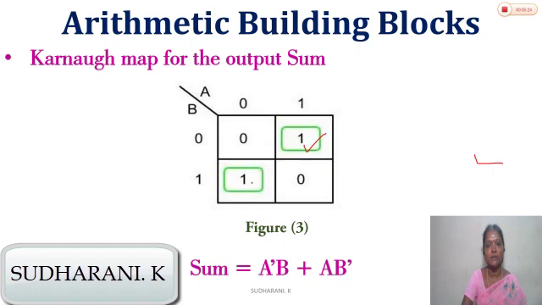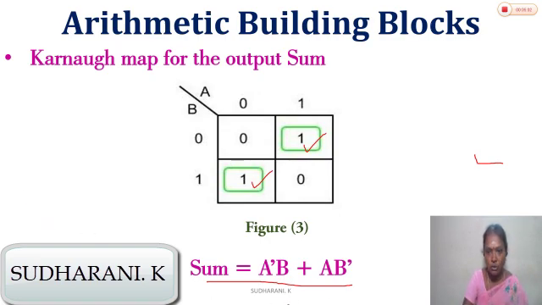This one represents A B complement and this one corresponds to A complement B. Since they cannot even form a pair, they should be considered for the logical expression as it is. So sum is equal to A complement B, or A B complement.